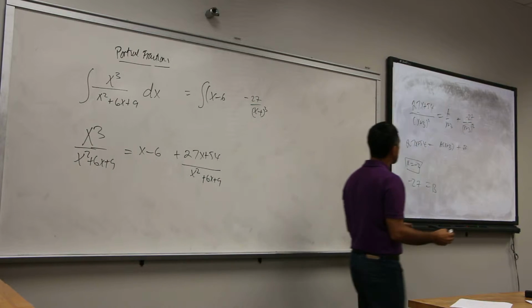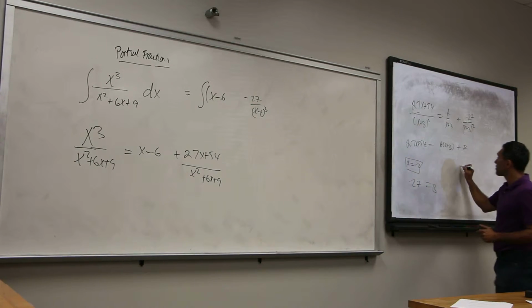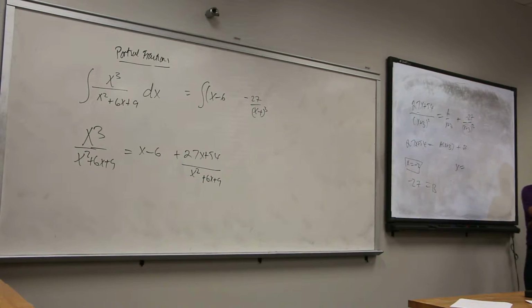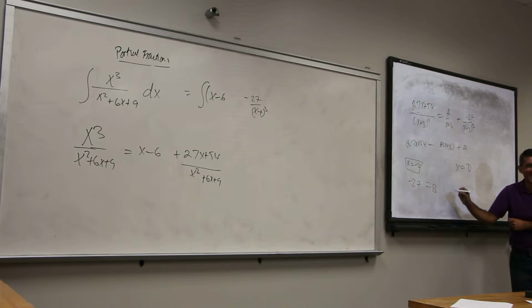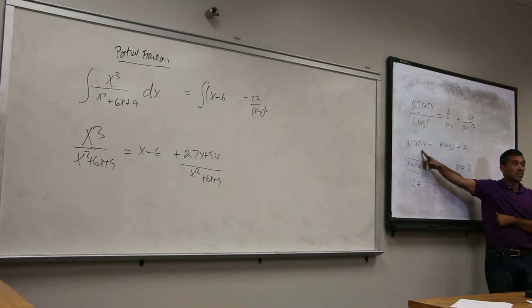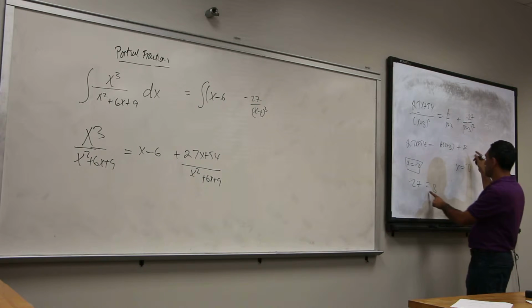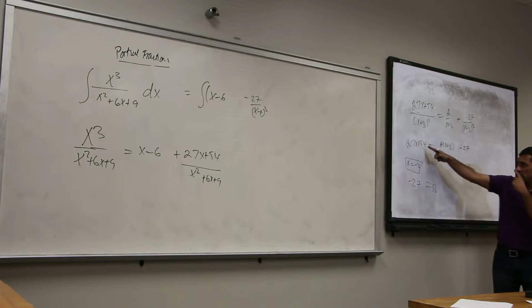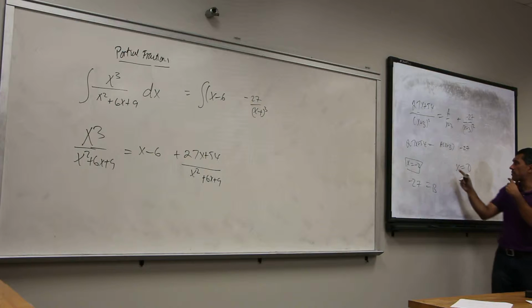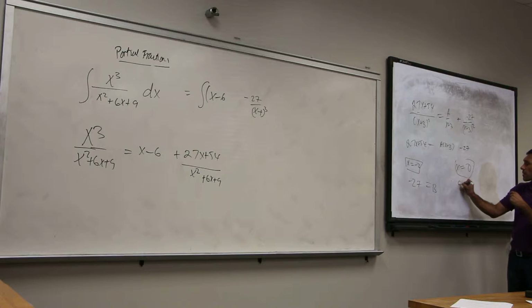What is another value of x you would like to try, Miss Yasmina? 0. So what did we say B was? Negative 27. Miss Yasmina, when you put 0 here, what do you get? 54. And when you put 0 here, what do you get?